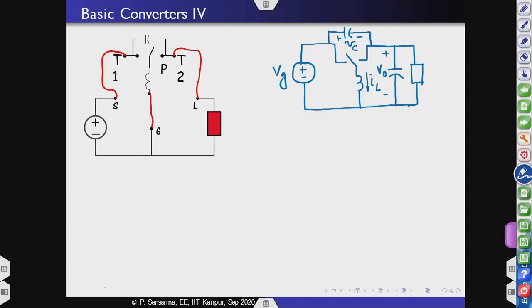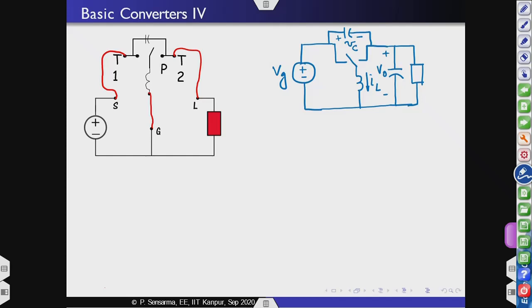Now, convince yourself that for any other orientation of this capacitive switch cell, any other orientation would give any one of the previous basic converters that we had seen.